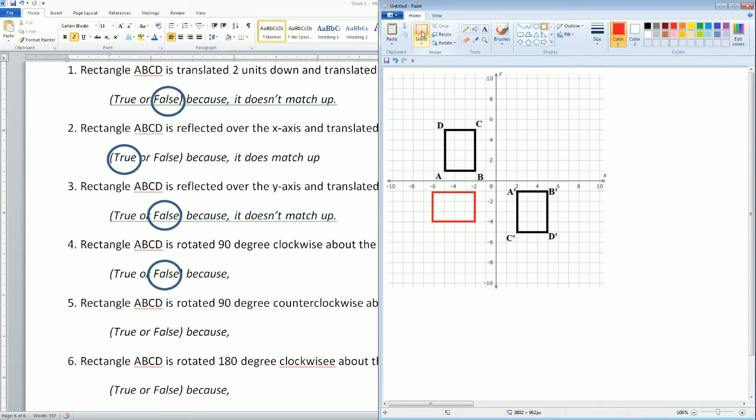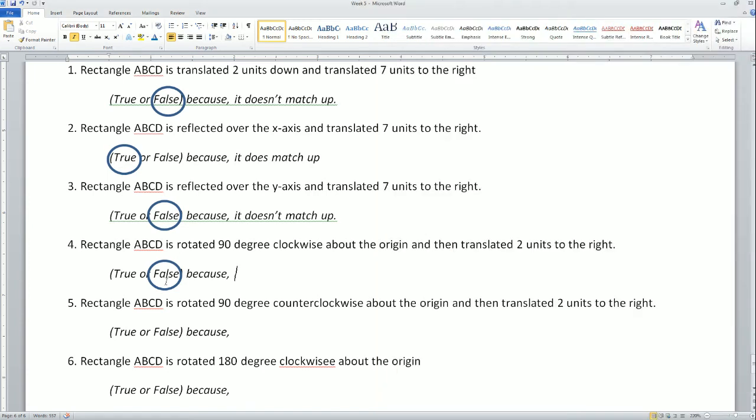No matter how I put it, even if I move it to the right, 1, 2, 3, 4, 5, you see, it doesn't match up because it's the long way here. It doesn't ever match up. So we'll say this is also false, again because it didn't match up.